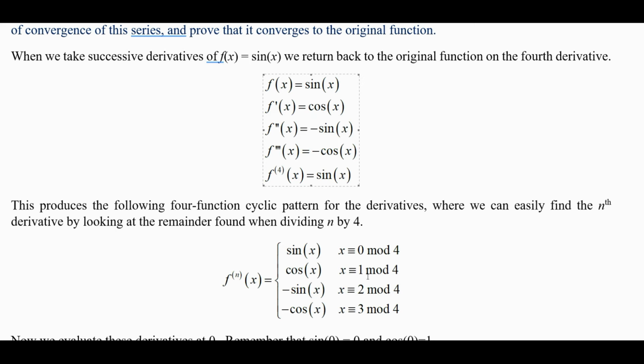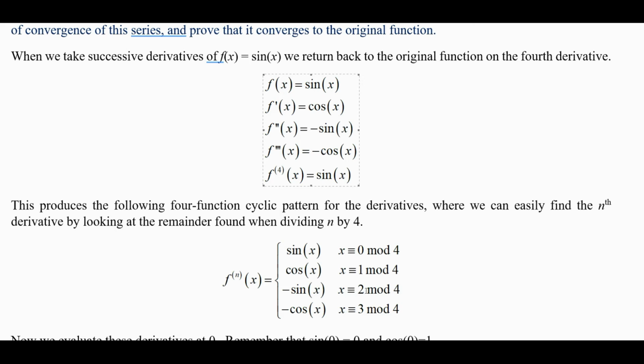Now, if n is congruent to 1 mod 4, that means you divide by 4 and get a remainder of 1, so that would be like 1, 5, 9. So the 1st, 5th, 9th, 13th, 17th, and so forth derivatives are all cosine of x.